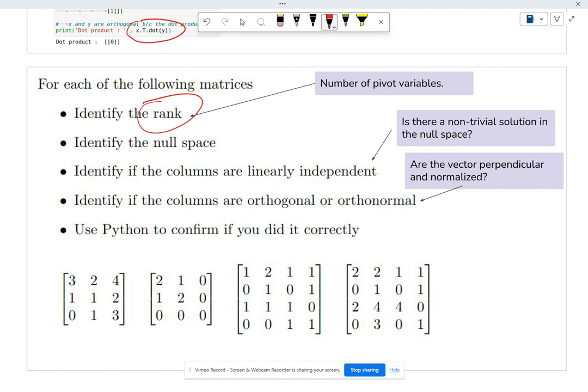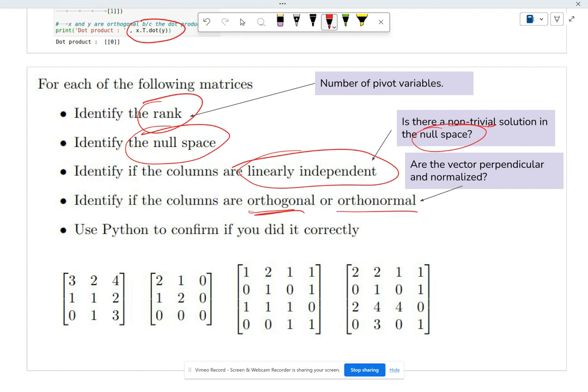And null space, I think we've gone through that a couple of times. Also linear independence and dependence: remember, that was related to having a trivial or non-trivial solution for the null space. Then you can check whether the columns are either orthonormal or orthogonal, and lastly use Python.